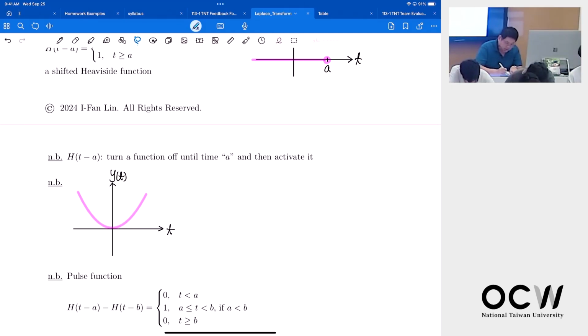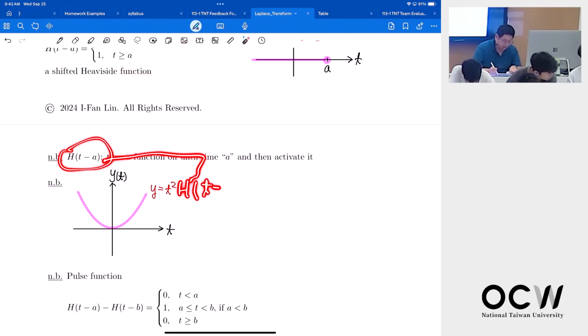This is y equals t squared. If I have this function times the shifted Heaviside function, suppose t minus 4, how does this figure look?